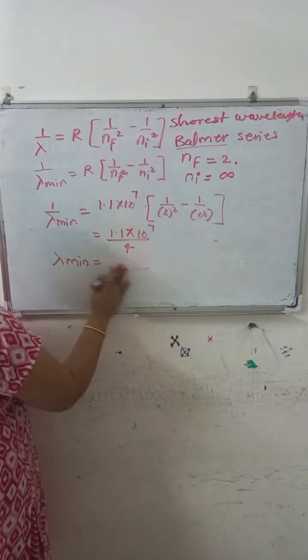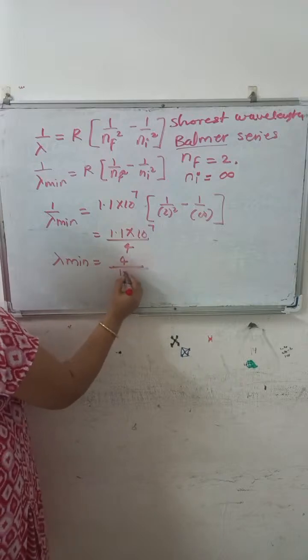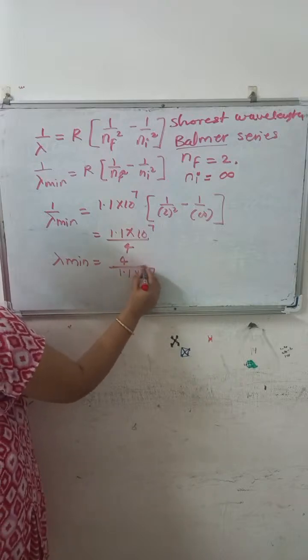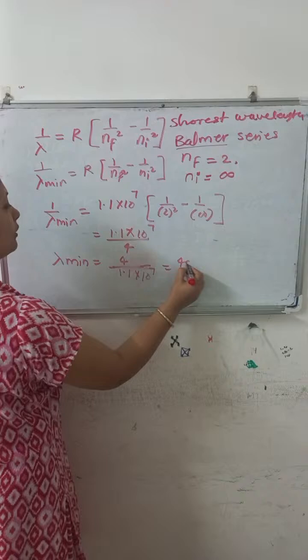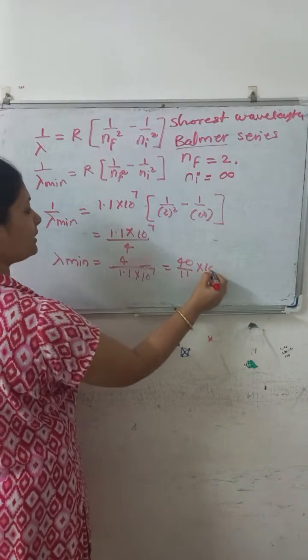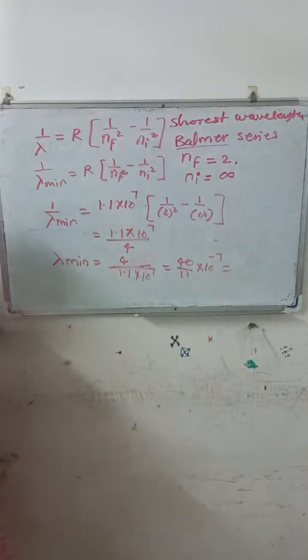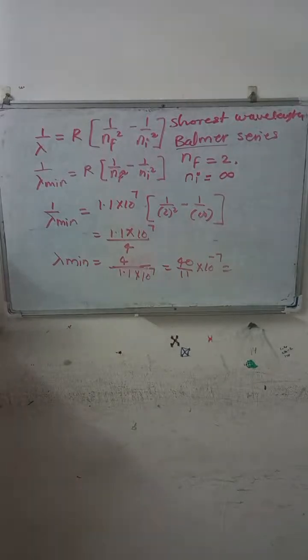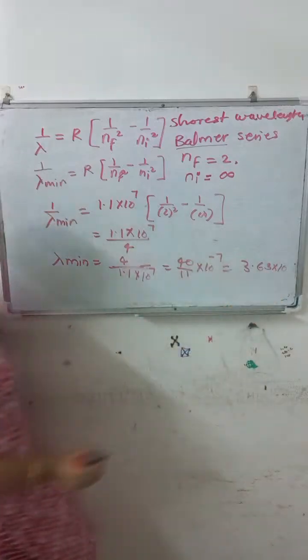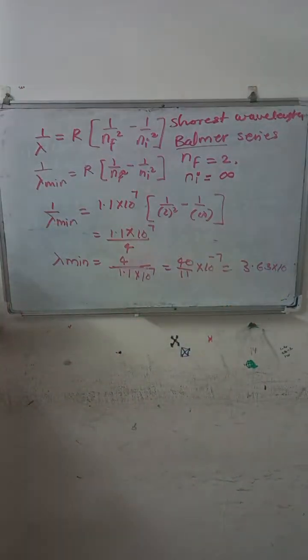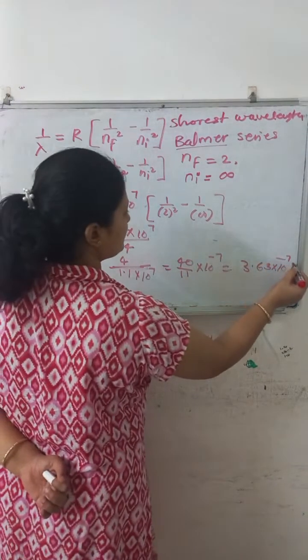Now do this calculation and simplify. I will write 40 by 11 into 10 raised to minus 7, and this we will get as 3.63 into 10 raised to minus 7 meter.